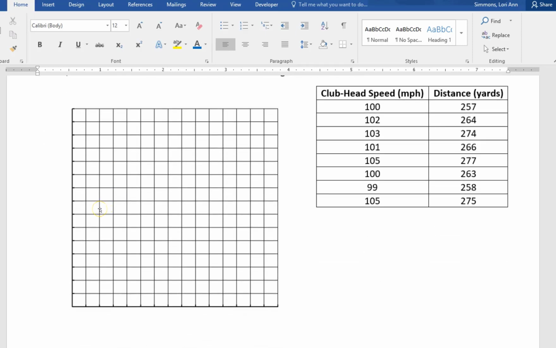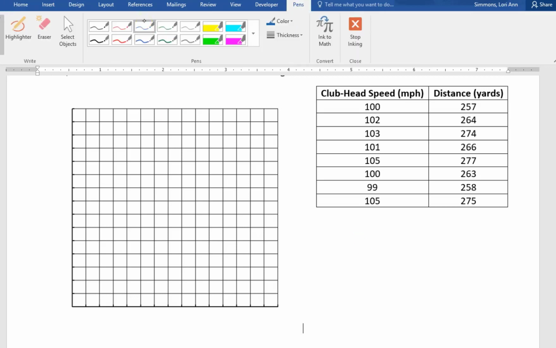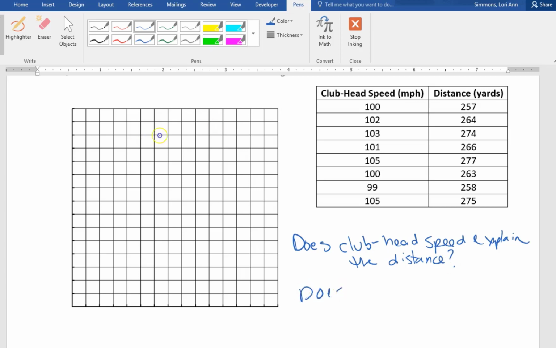So we first need to determine which one is the explanatory and which one is the response. So you can ask yourself, does the head speed explain the distance? Or are we asking, does the distance explain the club head speed?